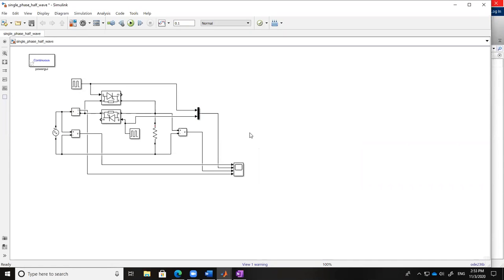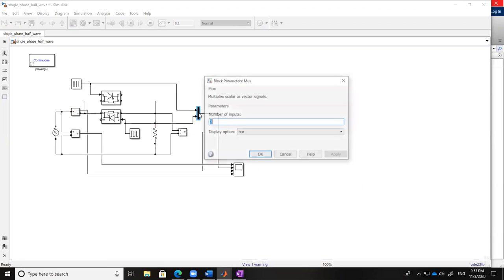Multiplex means there are n number of inputs and only one output. So all signals will be merged into one. That is the purpose of multiplex. You can decide as many inputs as you want.